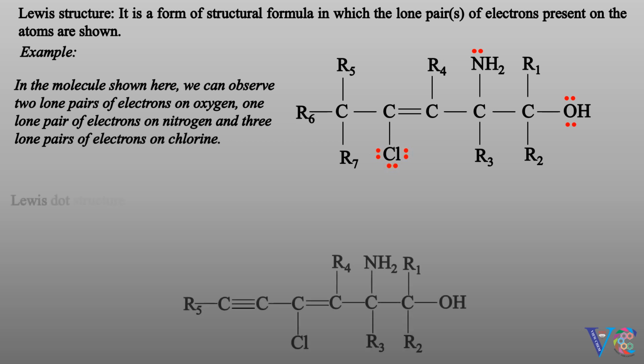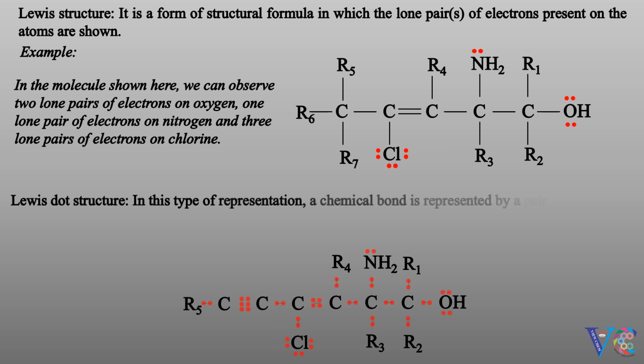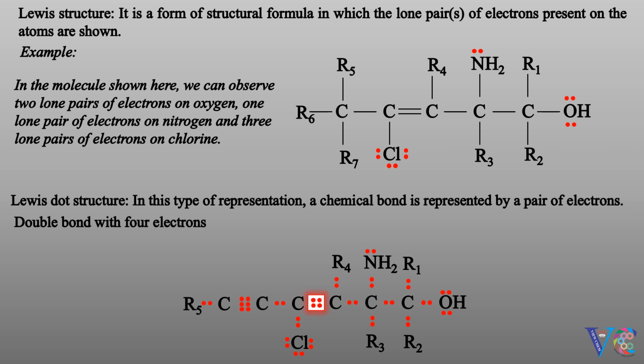Lewis dot structure: in this type of representation, a chemical bond is represented by a pair of electrons. Double bond with 4 electrons and triple bond with 6 electrons will be shown.